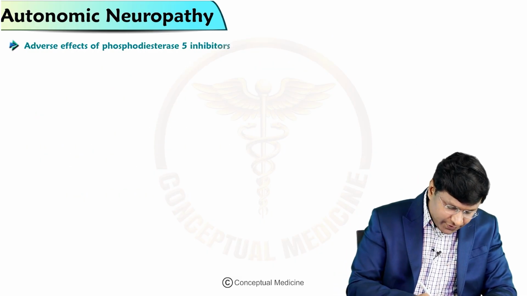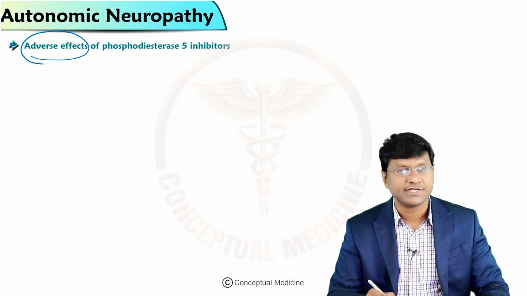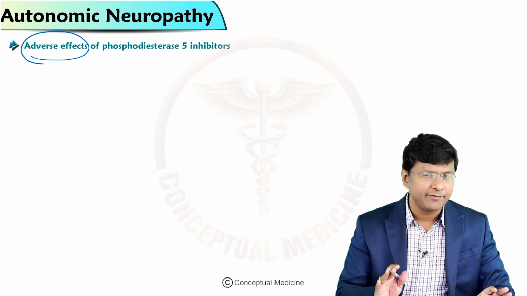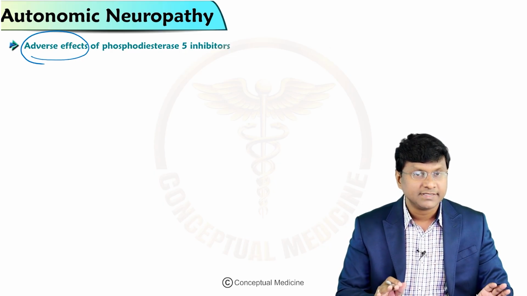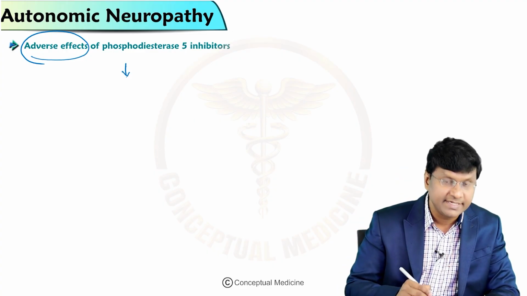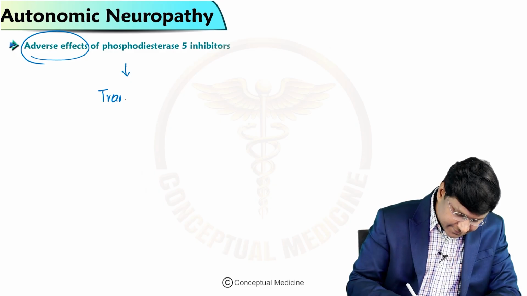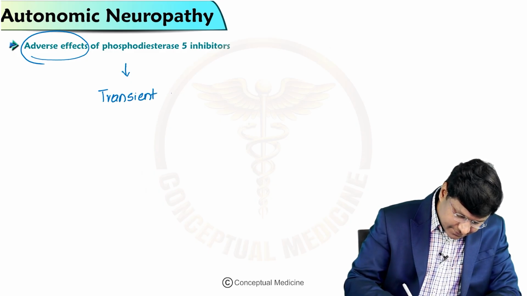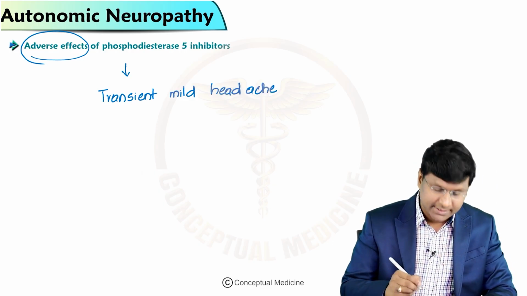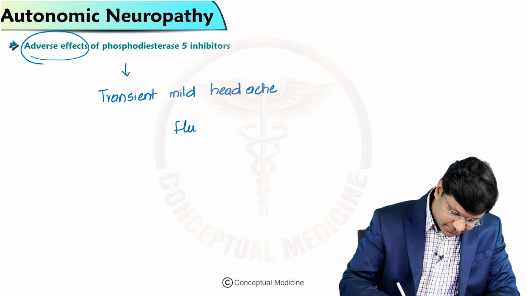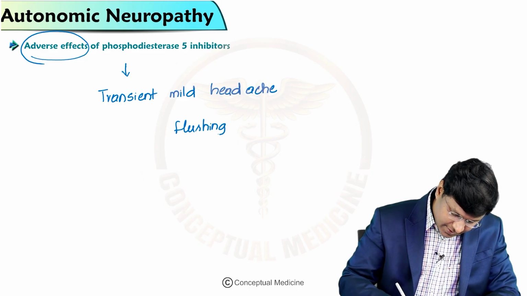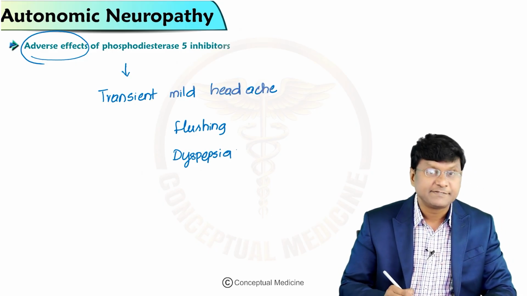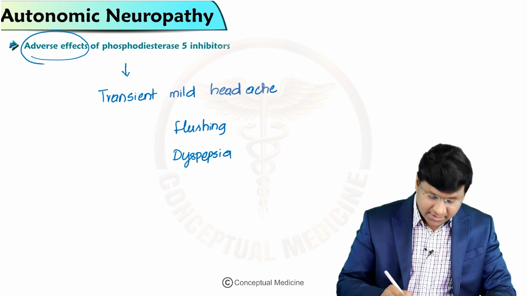Now, if you take the adverse effects of the phosphodiesterase 5 inhibitors, only a few adverse effects have been reported. That includes a transient mild headache, followed by flushing, dyspepsia and some altered color vision.